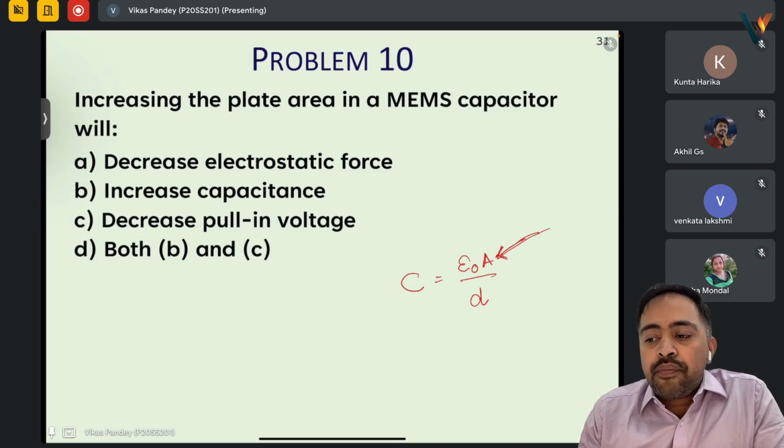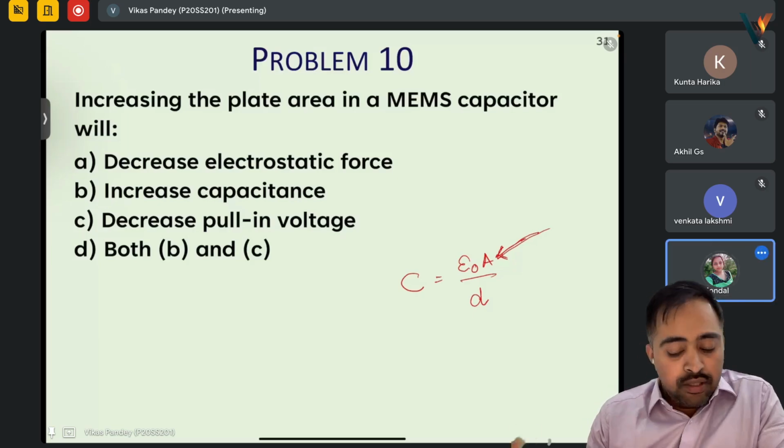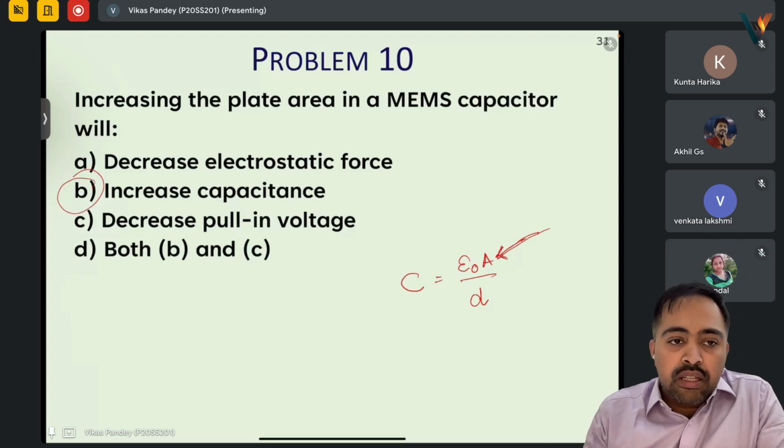Capacitance increases. So option B is correct for sure.